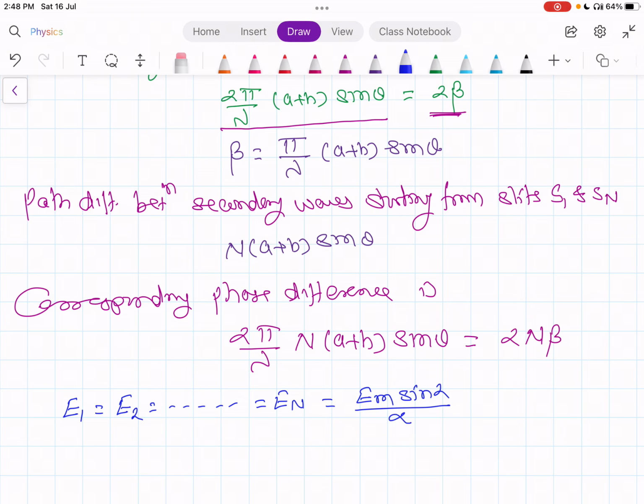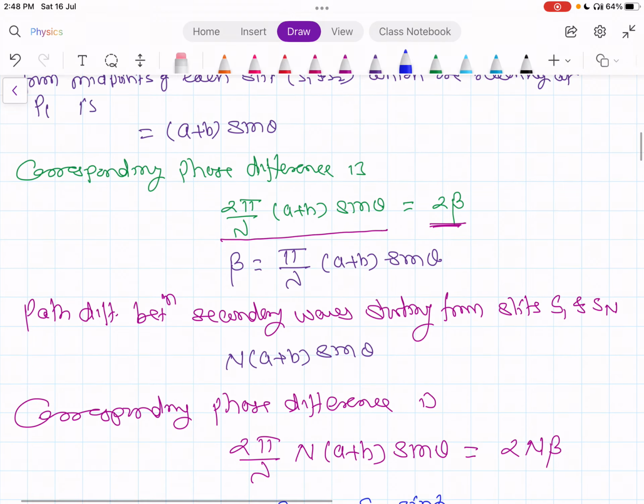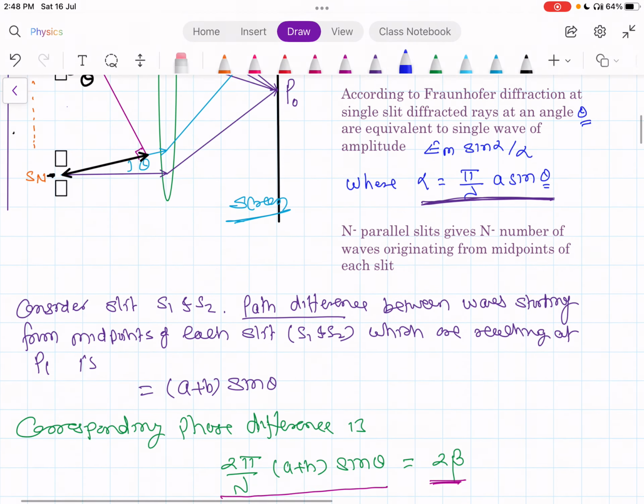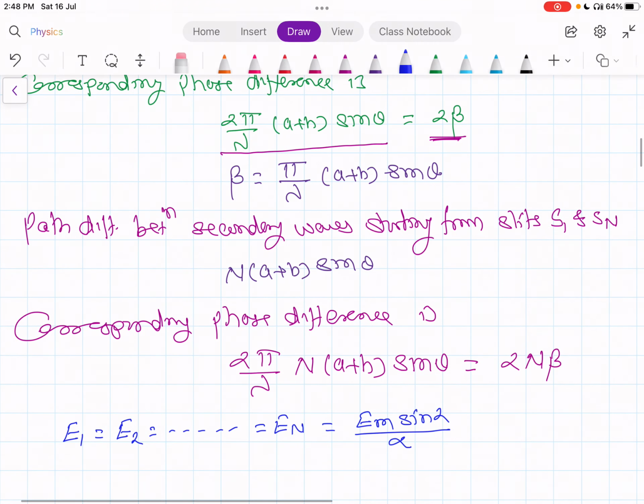Then we have to find the resultant of this, because at the point P1 we are getting n number of phasors, E1, E2 up to En. These n number of phasors, or n number of secondary waves, reach point P1, and we need to find the resultant amplitude at point P1.